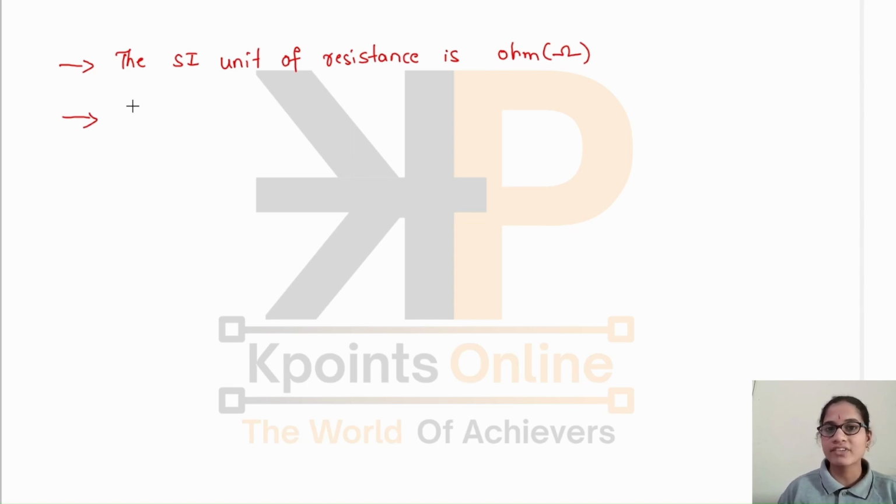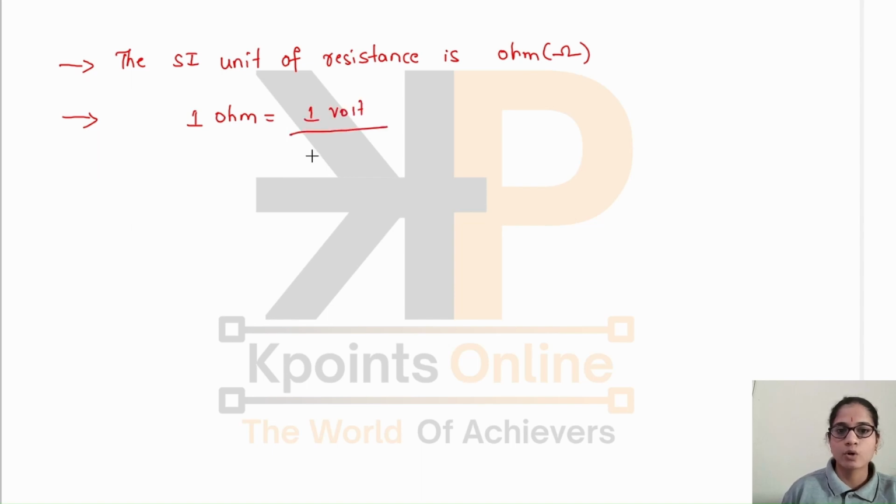When the potential difference across the conductor is 1 volt and the current flowing through it is 1 ampere, then we say that the resistance of that material is 1 ohm. So 1 ohm is equal to 1 volt upon 1 ampere.